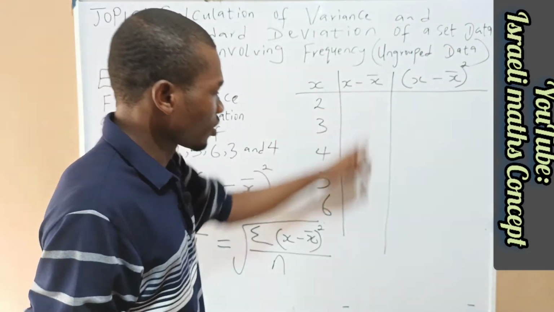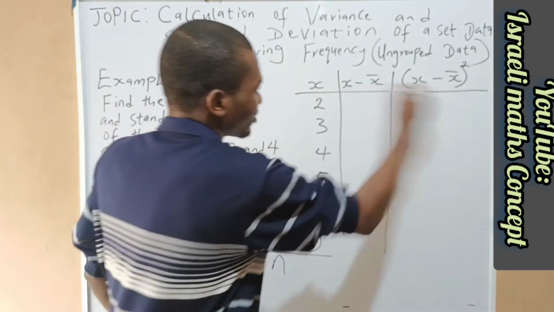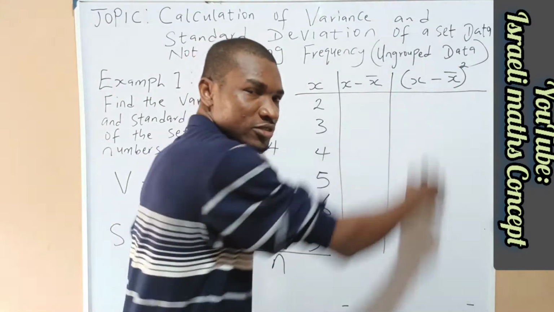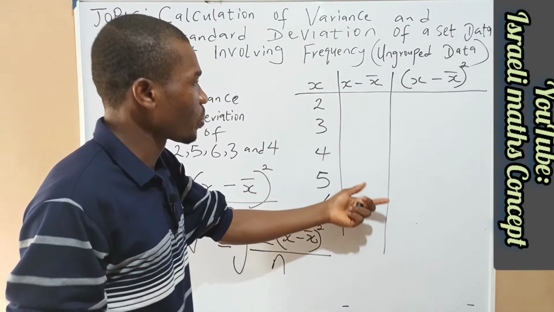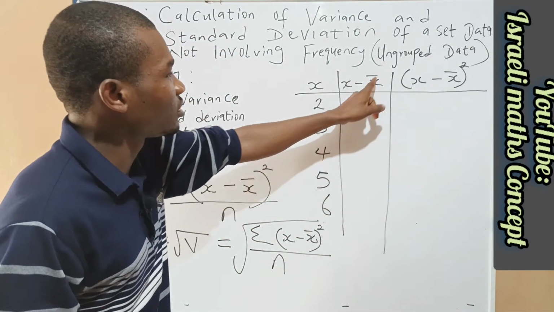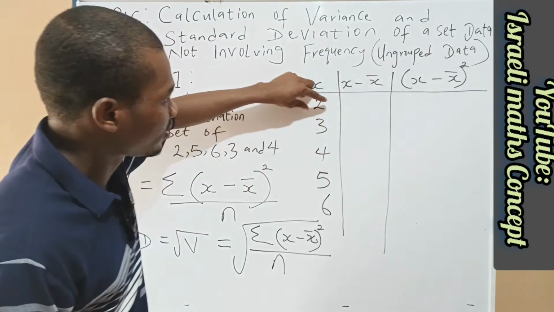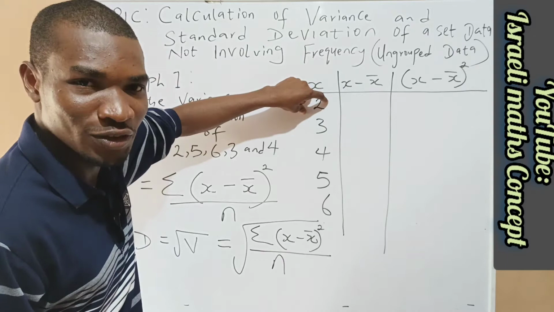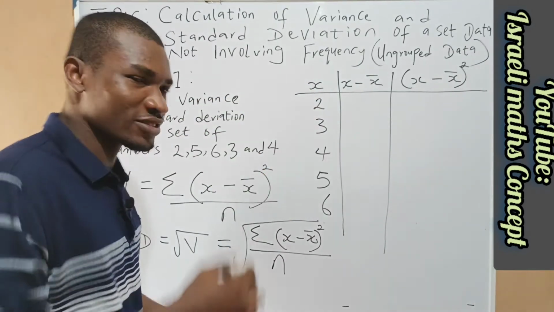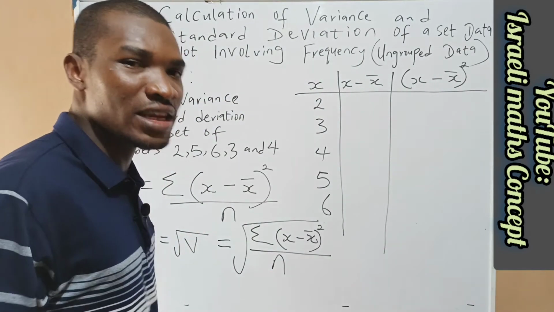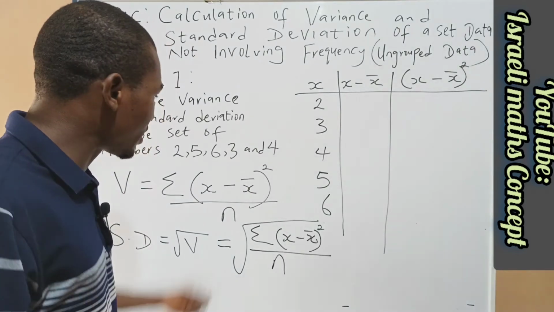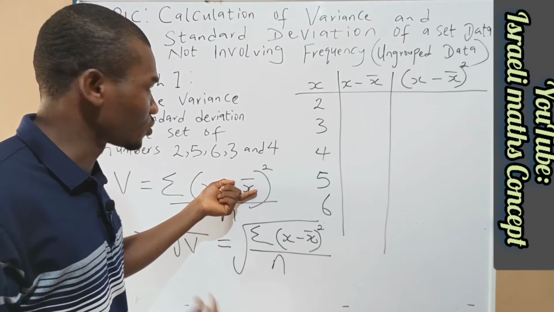Then coming to the second column, remember these are rows, then these are columns. So coming to the second column, we shall be subtracting our mean, which is bar x, from our individual x, which are our scores. That tells us that there is need for us to first of all find our mean. Hence, to find our mean, it is very simple to do so.